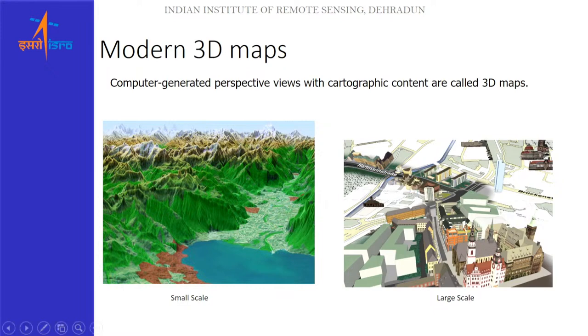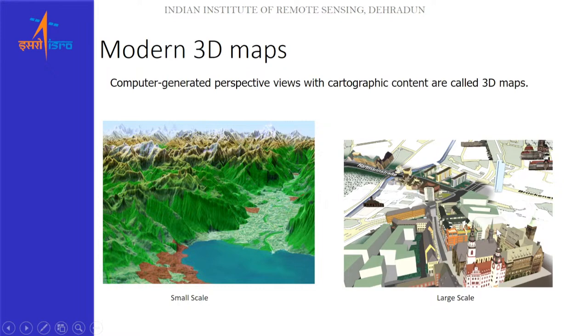Then we can also have large scale 3D maps, which are representations of different 3D models generated inside 3D software, and a few of the 3D GIS software also allow you to do that. Once you create those models, they can be geo-referenced, and finally we can put them on the web.